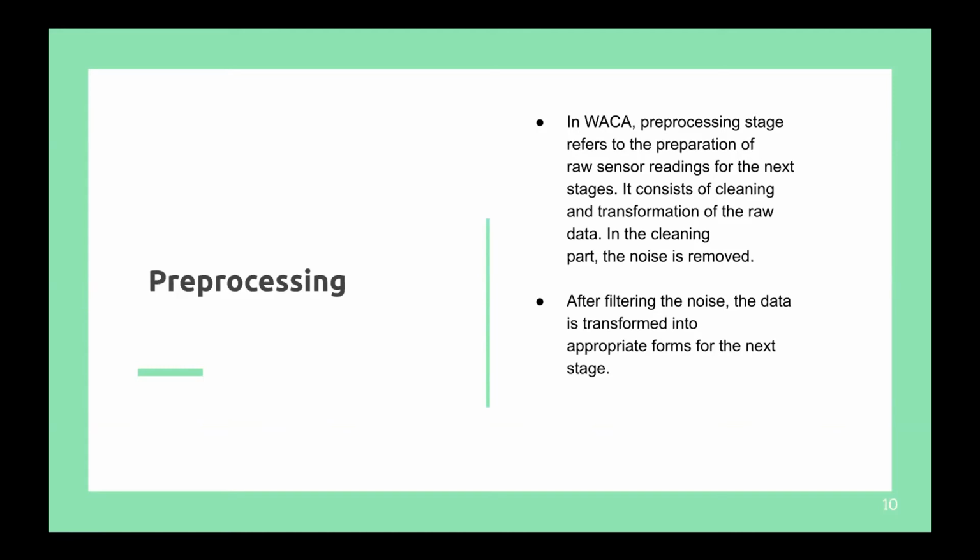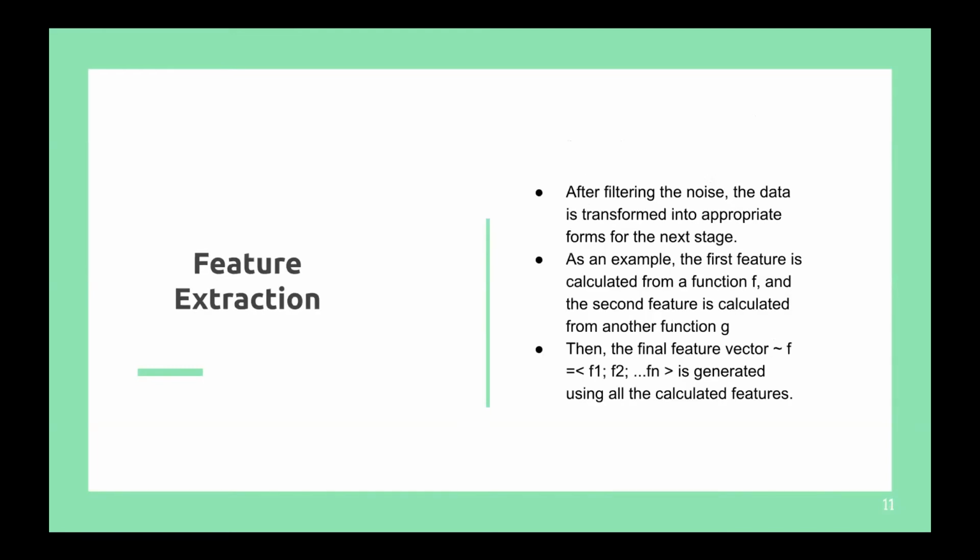Once that's done, it needs to filter out a lot of noise in order to create the profile, which is done in the process of feature extraction. It filters the noise, and the data is transformed into appropriate forms for the next stage.